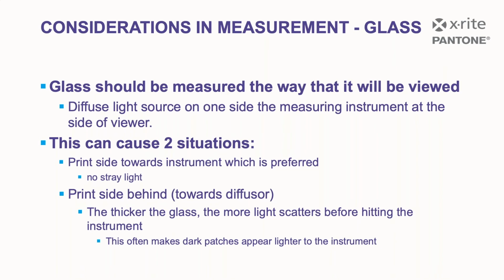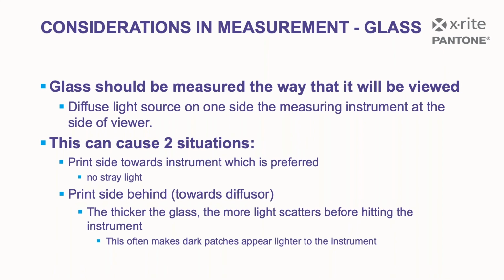This may be a case where reading it the wrong way, measuring it backwards so that you're getting the effect of the glass and the patches by having the patches towards the instrument, may still give a better answer. But if you do it that way, you have to flip the chart before you image it so that it will match up with your profiling software.